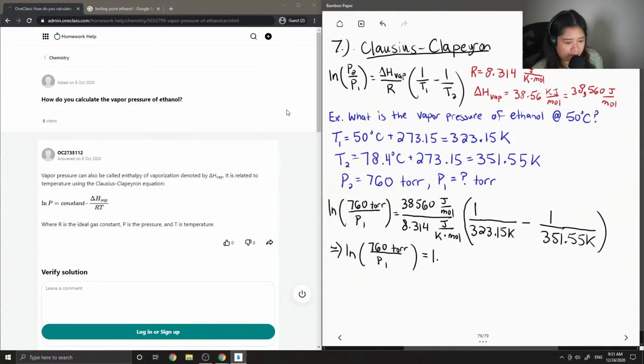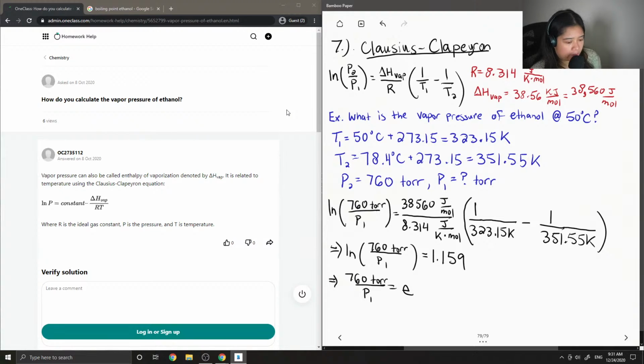You should end up getting around 1.159. And then to get rid of the ln on the left side, you take e to the power of both sides.